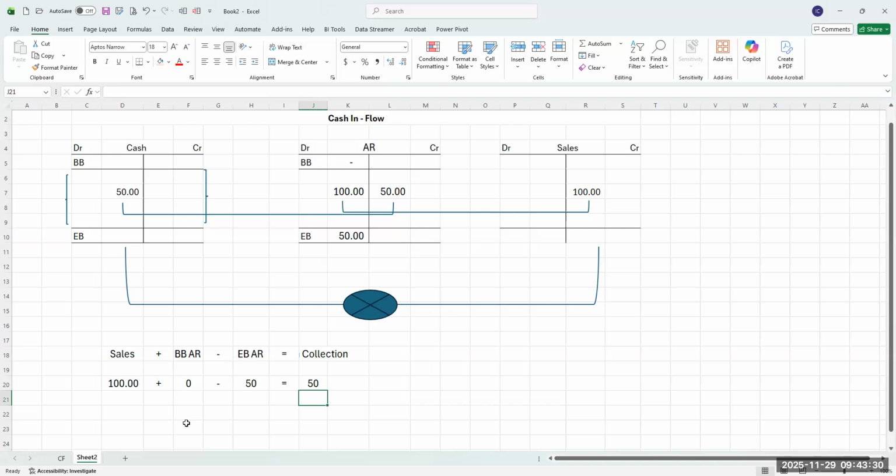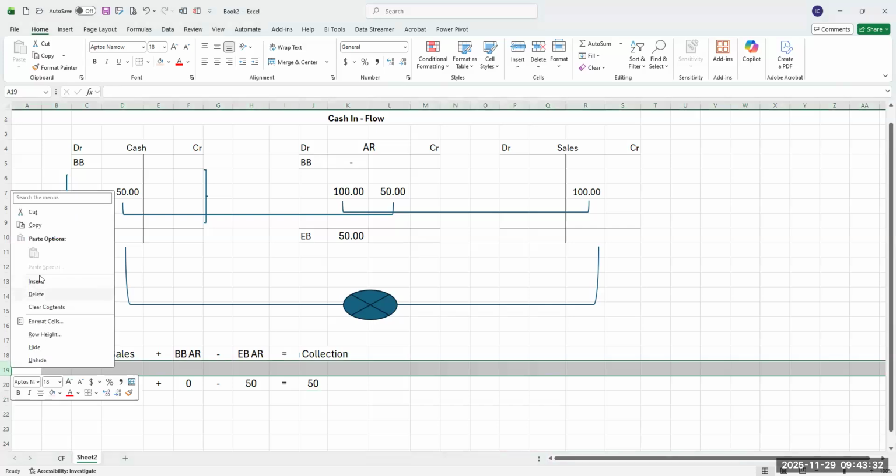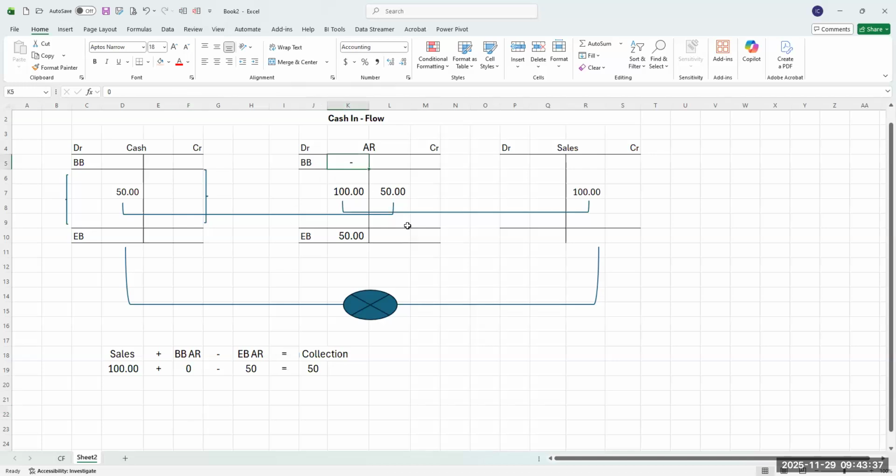Yes, Prof. Okay. Let's make it a little bit more challenging. Now, my beginning balance is 20. I don't know how much cash I collected, but I know my sales are 100. My beginning balance in accounts receivable was 20. My ending balance is 0. How much cash did I collect? 120.